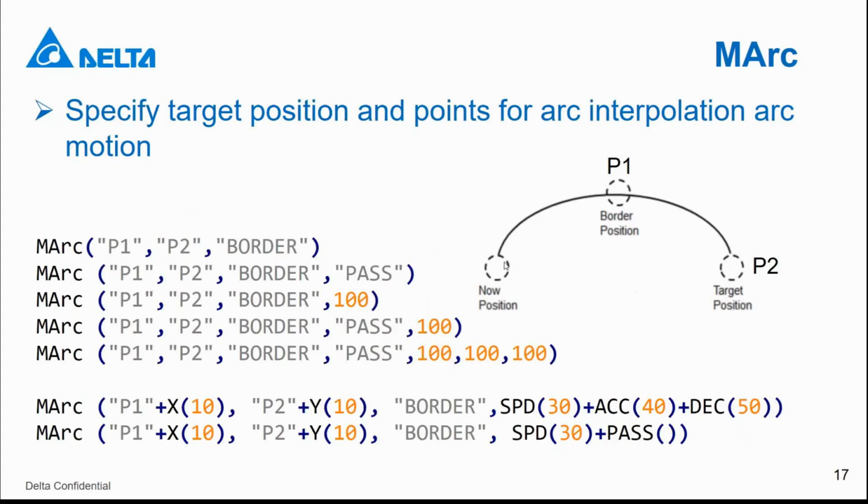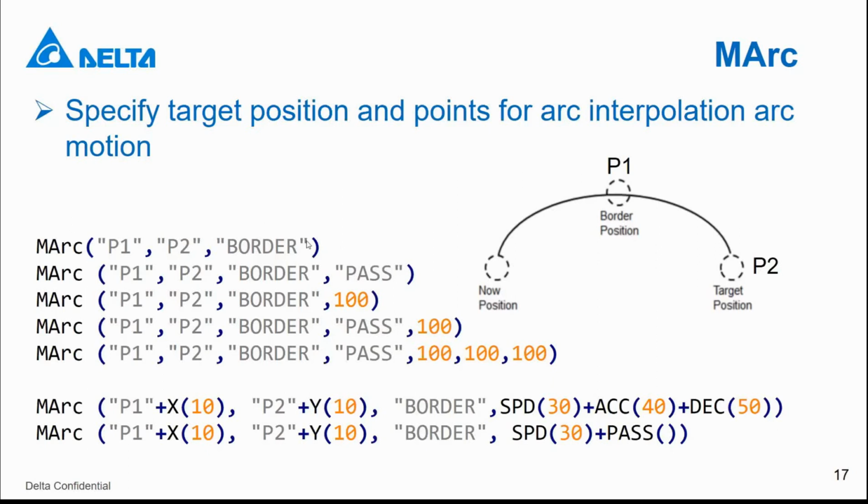Then the robot will calculate and move in an arc motion through these 3 points on the border. Because the current position is also one of the 3 points, you just need to define point 1 and point 3, the middle border position and the target position.